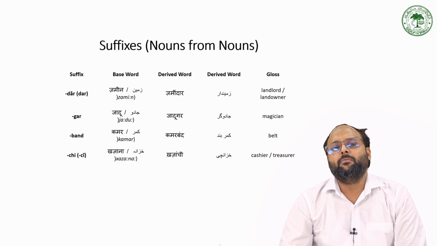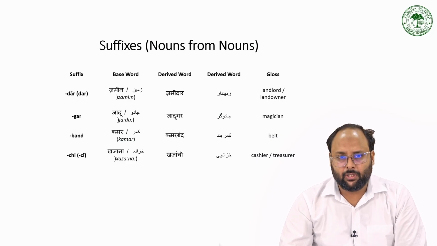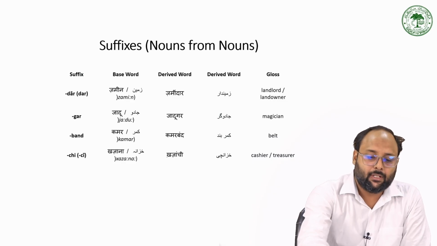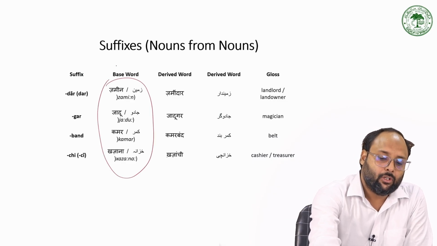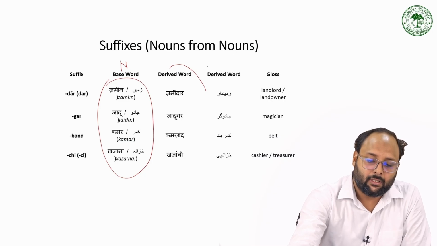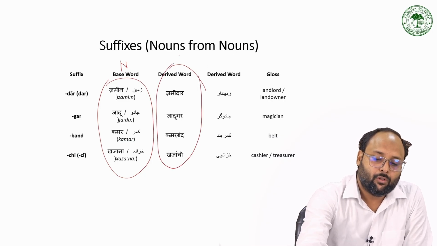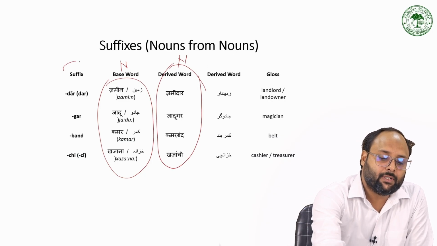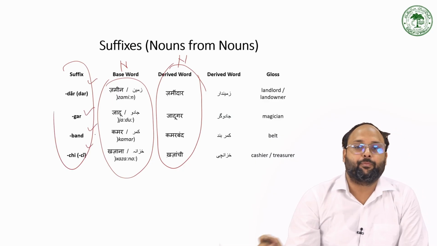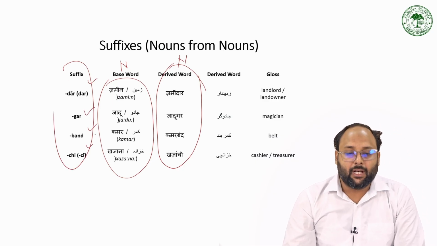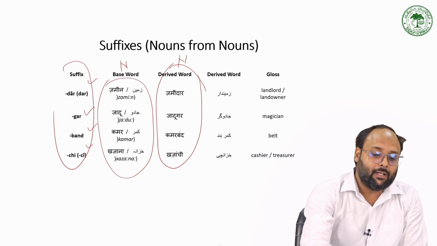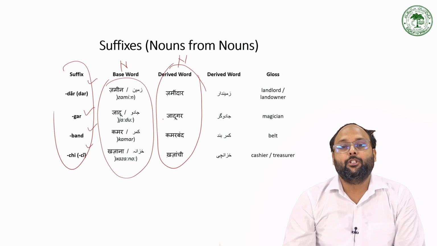There are also some suffixes to create the noun from the noun. So these are all nouns. So we are deriving another noun by adding some suffixes. So these are the suffixes dar, gar, band, and chi. So when we have the dar in zameen, it becomes zameen dar. When we add the gar in jadu, it becomes jadu gar.